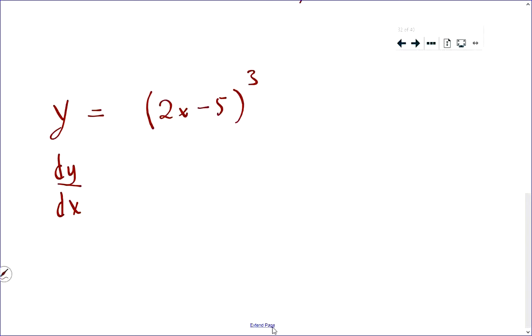What is being powered? What's being powered is 2x minus 5. That's the function that's being powered. So we swing the 3 down, the base remains the same, and we drop 1 from the exponent. Here's the chain rule in its simplest form in this case. You then multiply by the derivative of what you wrap the exponent around. You multiply by the derivative of what's inside. That's the bottom line.